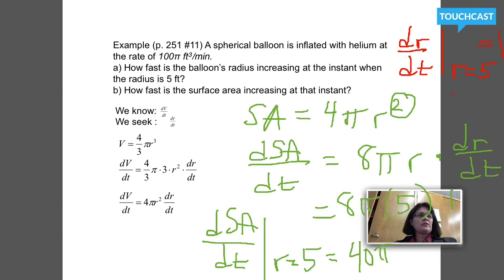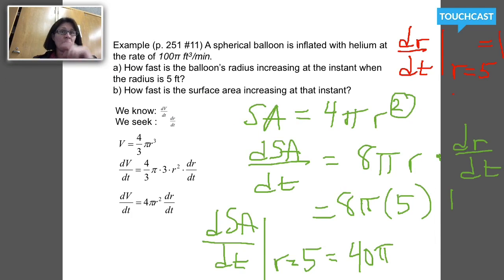Okay, and now you have this great question, which is what are the units? You could go back to this part here, actually any part where you could jump in and replace all of those values with their values attached to units. Or you can think about this. Surface area, it's an area measurement. It has units of distance squared.